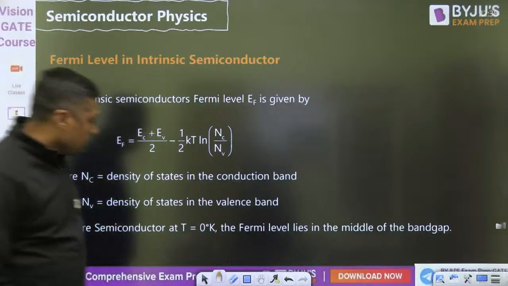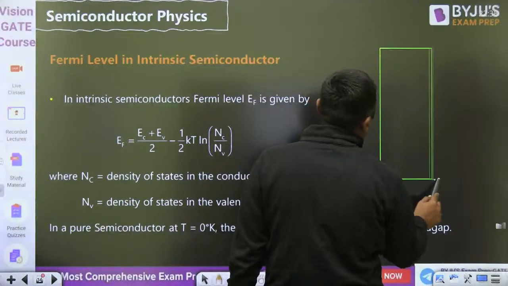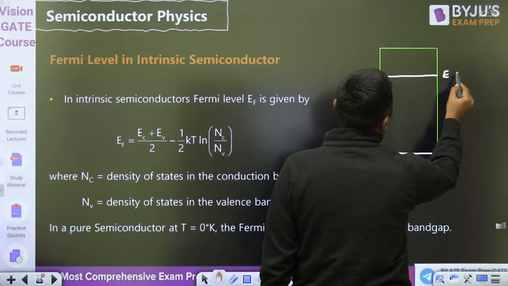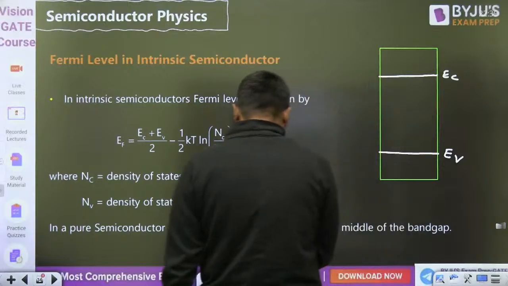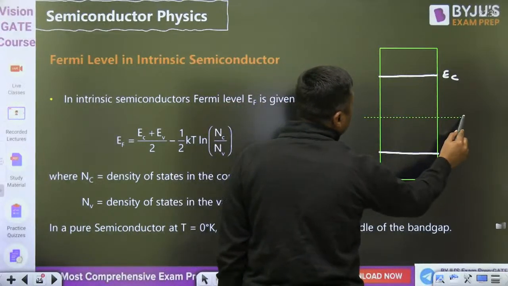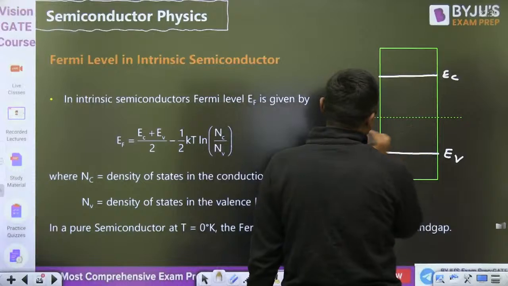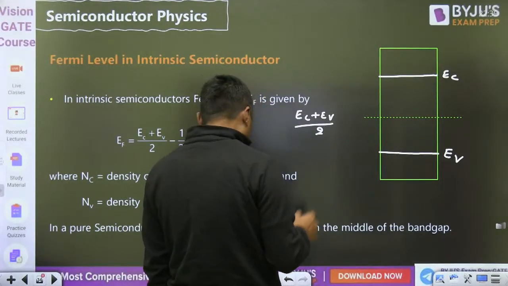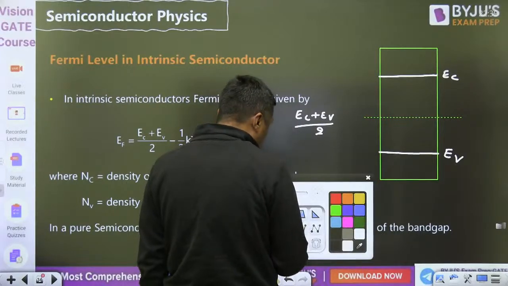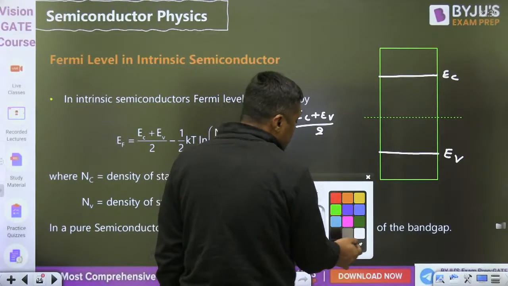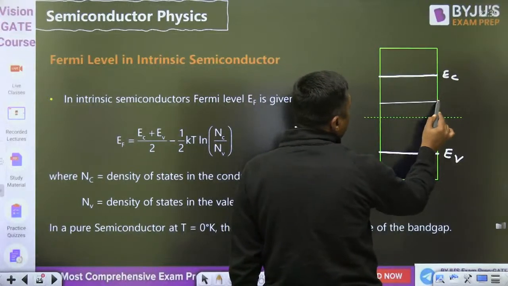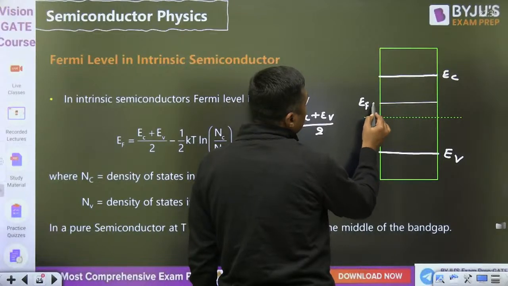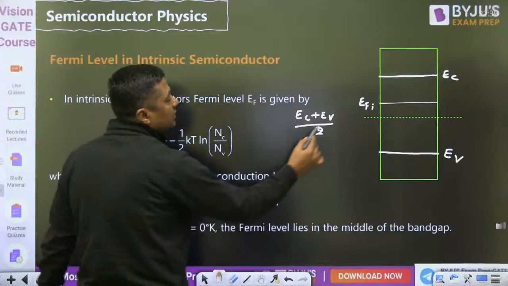Now, for an intrinsic semiconductor, draw the diagram; you will get this question directly. Here we have just the middle level, EC plus EV by 2. So exactly where is the Fermi level for an intrinsic semiconductor? It is here, slightly above the middle level.